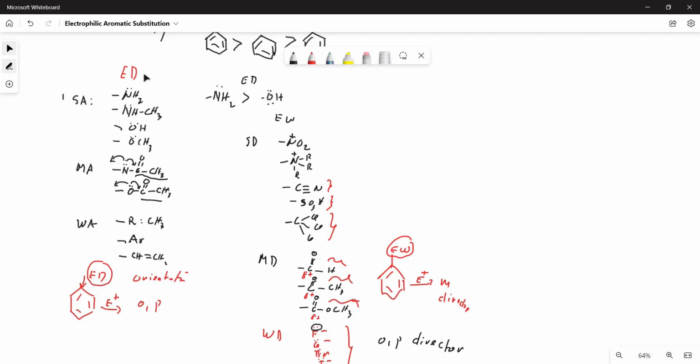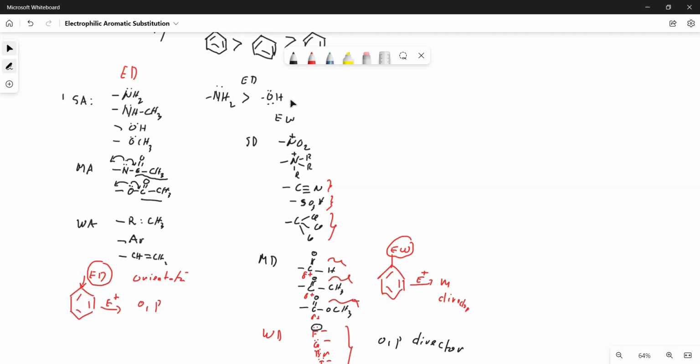So these are the carbons in the benzene ring that will have higher electron density. Therefore, the electrophile will be anchored at the ortho and para positions. So that's why electron donating groups are called ortho-para directors. If the first substituent is electron donating, the next electrophile will be anchored at the ortho or para position.